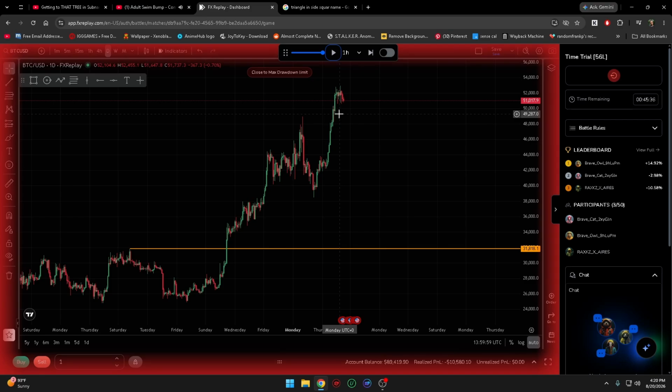Price moves past old trend. Not old trend, previous trend.